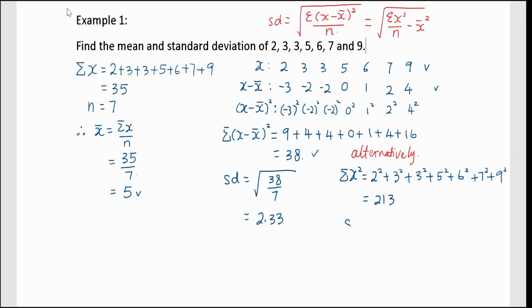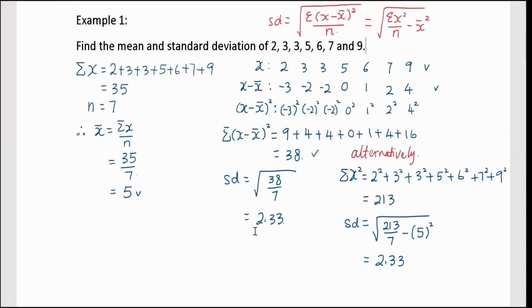And then we can find the standard deviation. Sigma x squared is given as 213, there are 7 data, and the mean we found previously equals 5. Use calculator and find the value to be 2.33, rounded off to 3 significant figures. So that is how we find the mean and standard deviation using the formulas here.